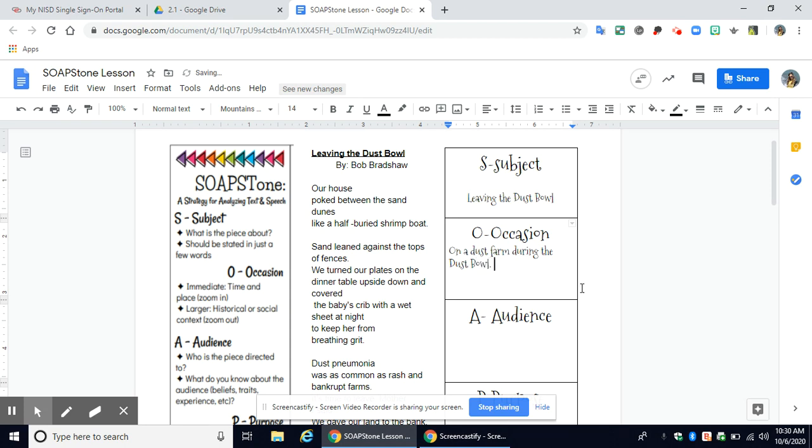And I can tell that they're on the farm during the time of the Dust Bowl because they mention the sand dunes. Like here on this first stanza, they mention that part. They mention sand again, leaning against the tops of fences. And then it mentions that whenever someone's breathing, they're breathing the grit, so breathing the sand, right? So I know that it's during the time of the sand, the Dust Bowl.